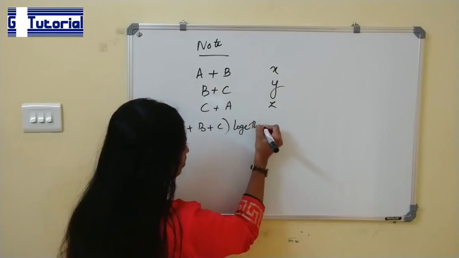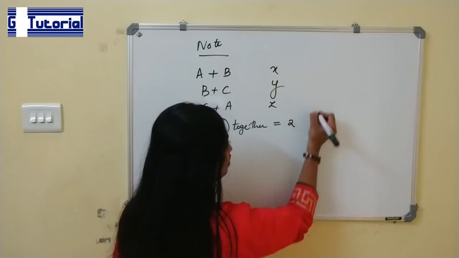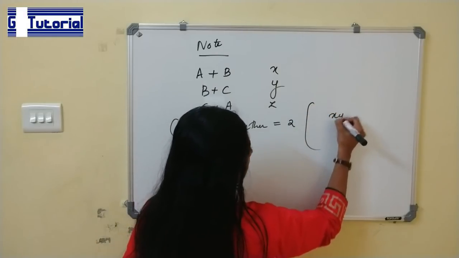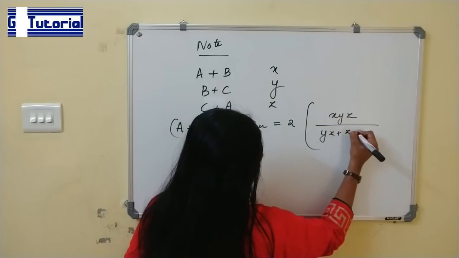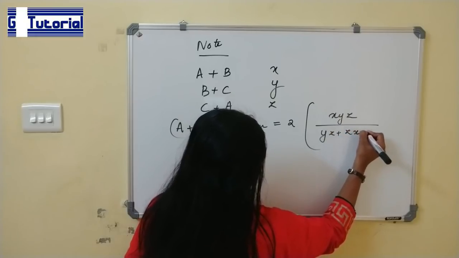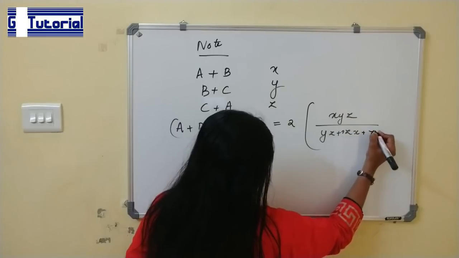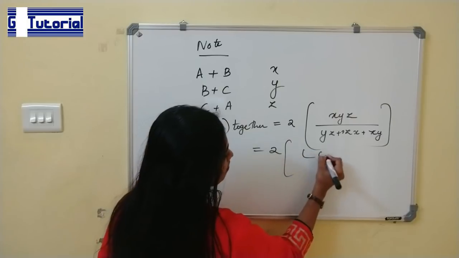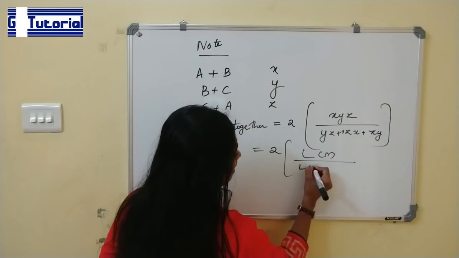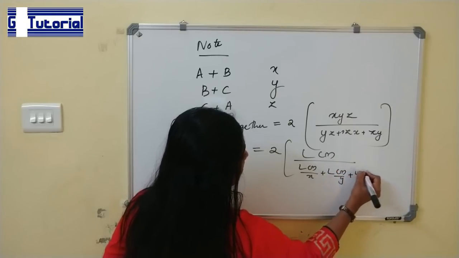It is similar to the above problem. Here the answer will be 2 into XYZ by YZ plus ZX plus XY, or it will be 2 times LCM by X plus LCM by Y plus LCM by Z.